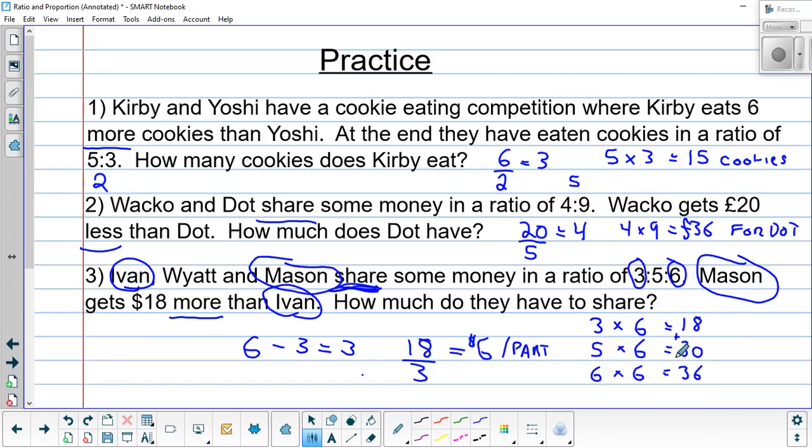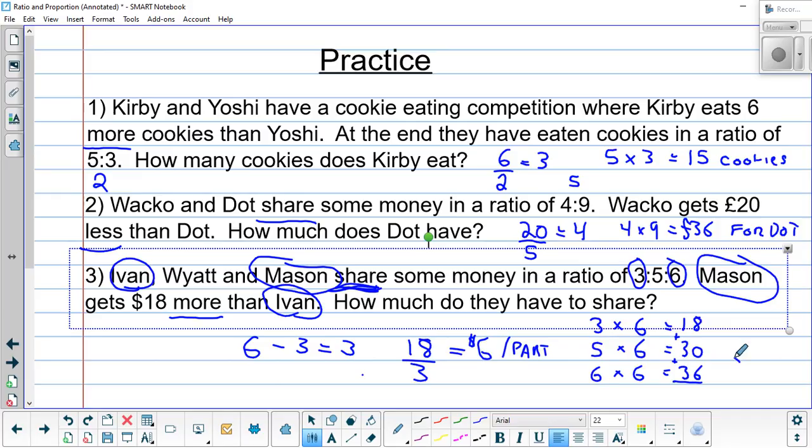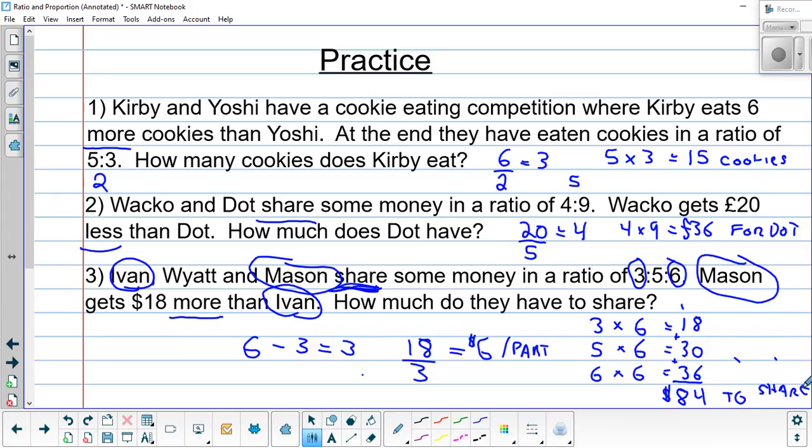Now, if we want to find out how much they had together, well, we just add each of their parts. So, what we're going to get, is 8 and 6, it'll be 14, carry 1. So that's 2 and 6, $84 to share. So you're starting to see the styles of questions that you can start to bring together everything we've kind of learned about ratios and start to intermix the problems as such.